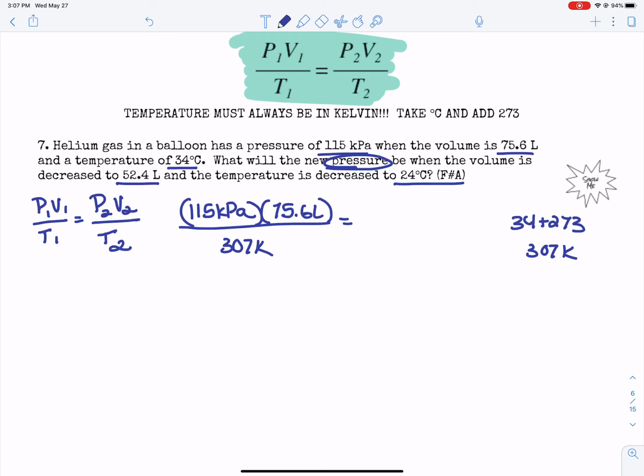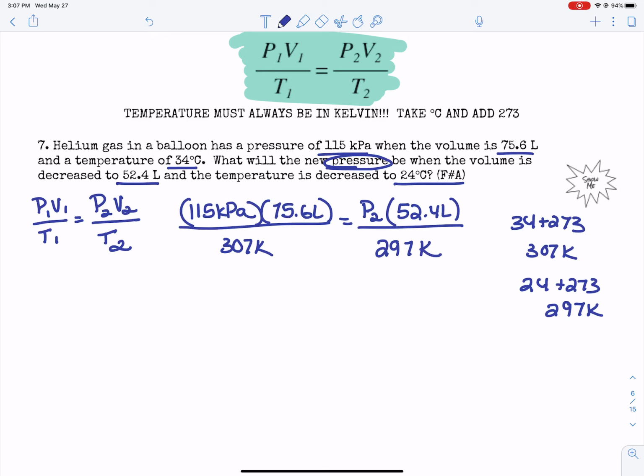My new pressure is what I want to solve for, so P2 is there. My new volume is 52.4 liters. My new temperature is 24 plus 273, or 297 Kelvin. Okay, so how do I do this?